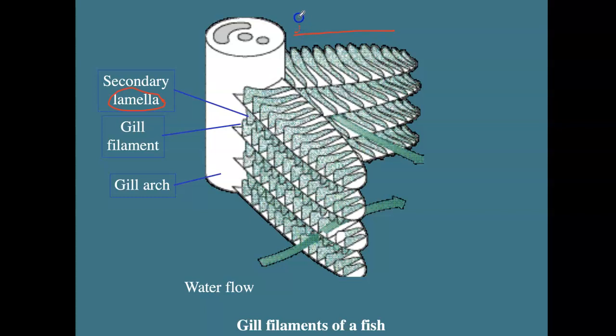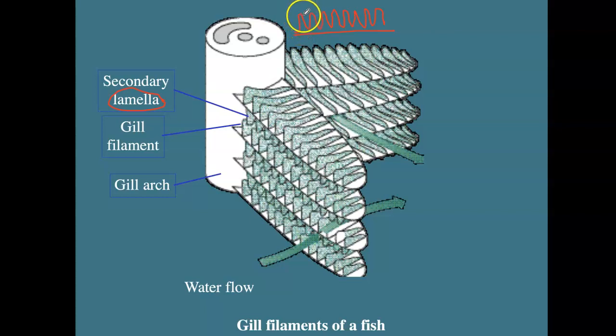So watch this. Now we're going to put gill lamella on here, and look at how we can maximize our surface area. Instead of just doing gas exchange across this flat surface, the gill lamella increase our surface area.